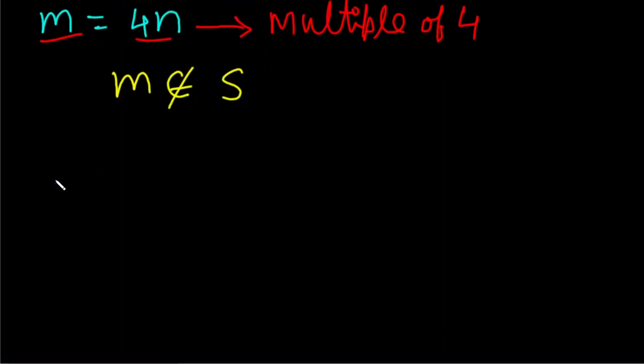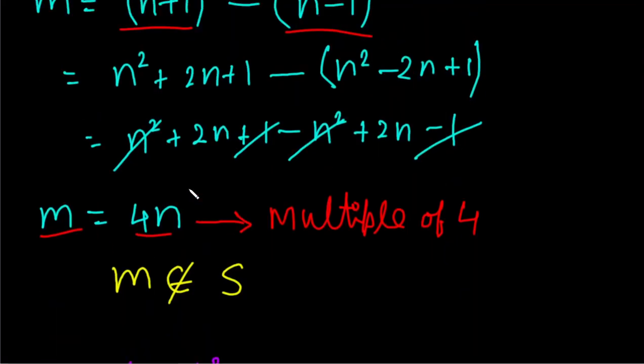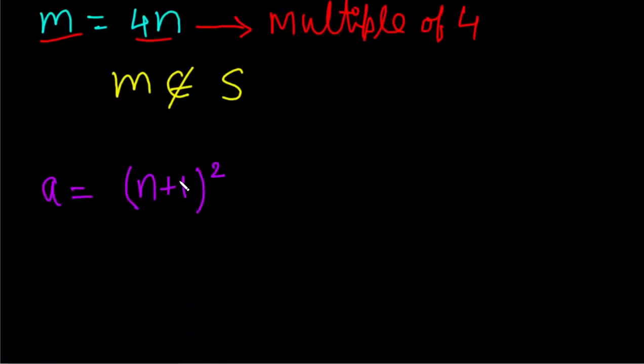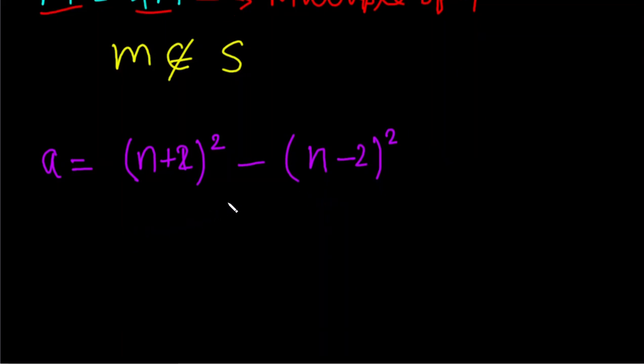Let's say a is equal to (n plus 2) whole squared minus (n minus 1) whole squared.